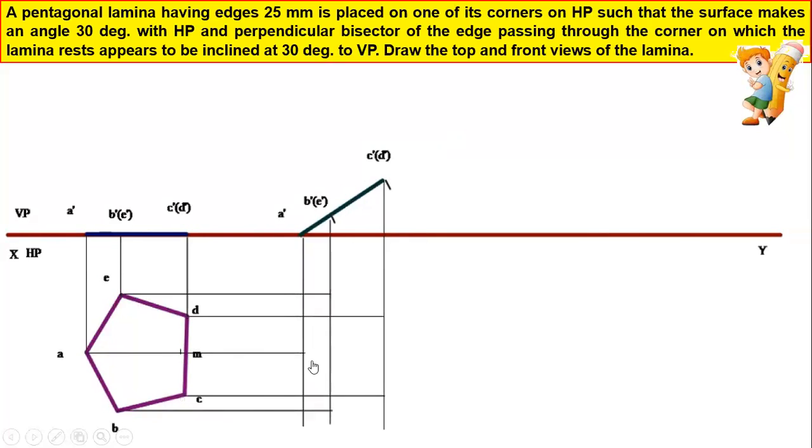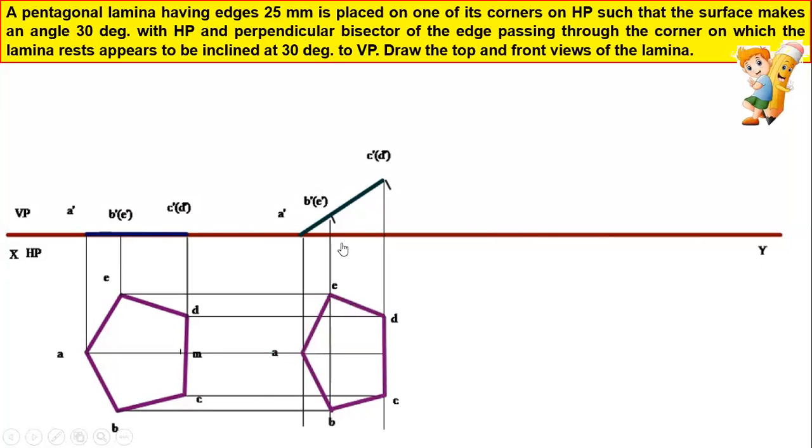Now connect these points through visible line: A to B, B to C, C to D, D to E, and E to A. Now name them A, B, C, D, and E.